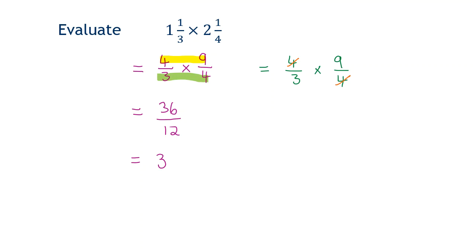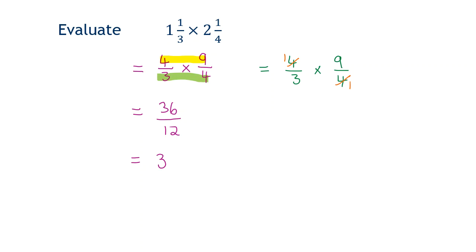I'm just going to cross them out because they both divide by 4. This is known as diagonal cancelling, and if we divide the 4 on the numerator by 4, it leaves a 1 behind. And if we divide this 4 on the denominator by 4, it leaves a 1 behind. So effectively we've divided the numerators by 4 and the denominators by 4. We haven't changed the overall value of this fraction, we've just simplified it a little.